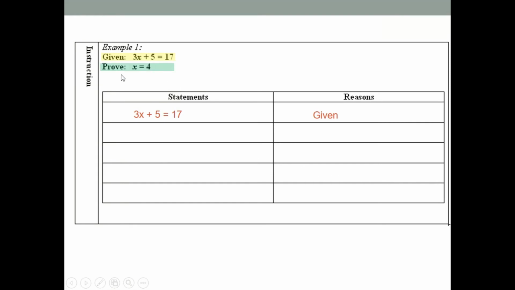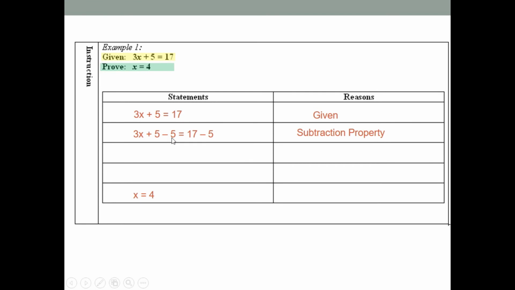So our target is to end here, that x equals 4. So that's going to be down at the bottom. And when I go to solve this equation, my first step would be to subtract 5 from each side. So minus 5, minus 5. The property that allows us to do that is the subtraction property of equality, because we subtracted the same thing from both sides. This is the property that allows me to say that this is a valid step in solving that equation.